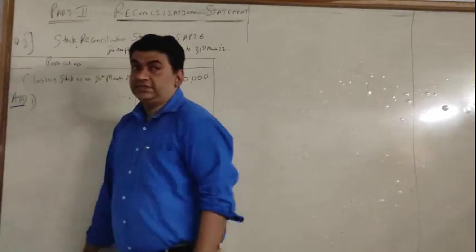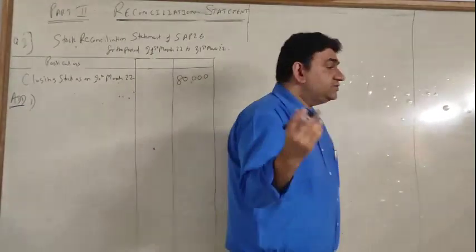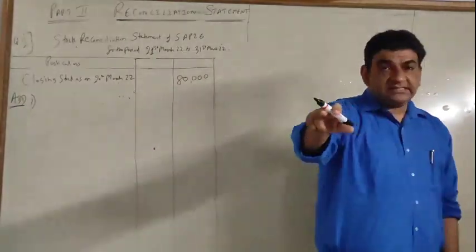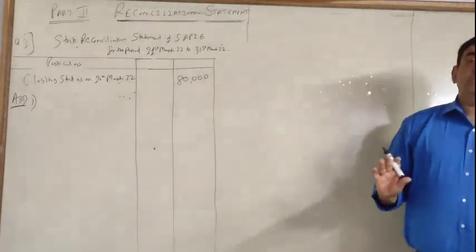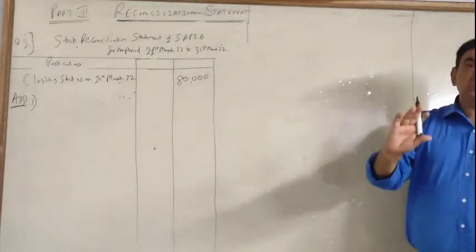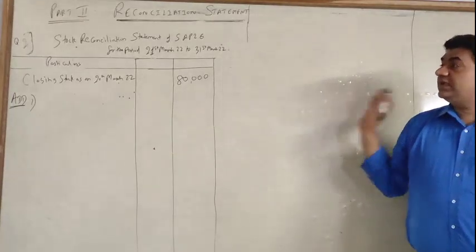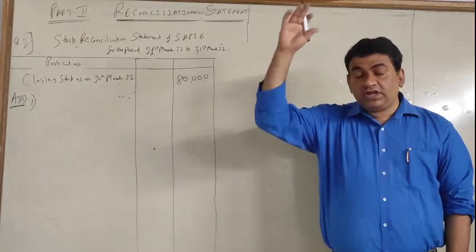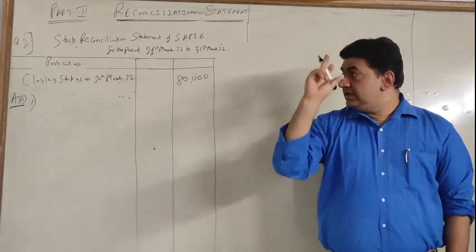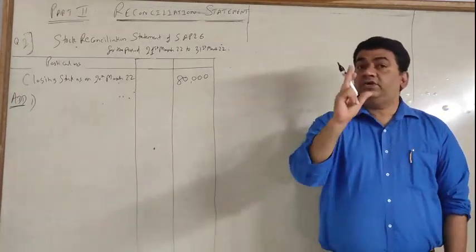Same way. First, what we discussed, it is before date. In the next class, I will take the sums after date. But now I am focusing on before date only. I am going very slow because the concept is very important. See, I am telling you honestly, many students have the psychology that they don't understand what is happening in reconciliation. Do it logically. Don't try to rote learn.